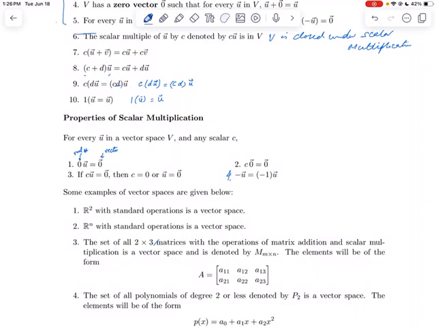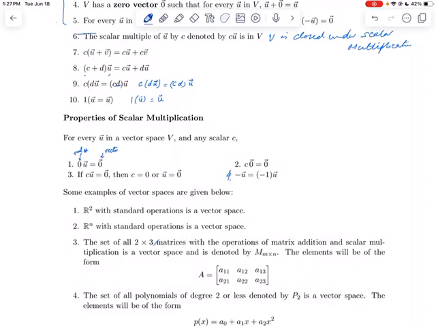Okay, so now, you will not be asked to show that a set is a vector space, because you would have to do all these 10 axioms and it would be a very, very long problem.